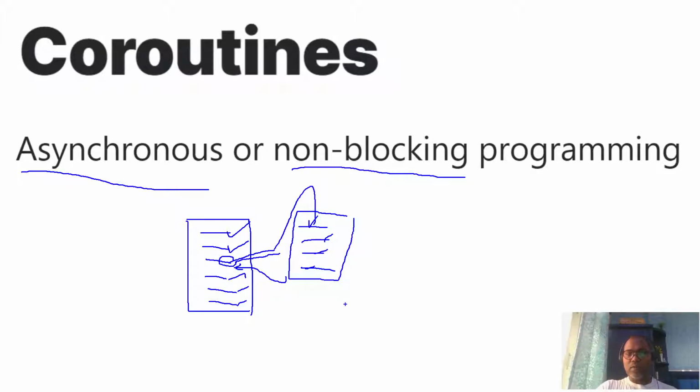Coroutines offer you the ability to execute this set of code asynchronously. That means after the method invocation here, your current thread does not wait for the completion of that particular set of methods.